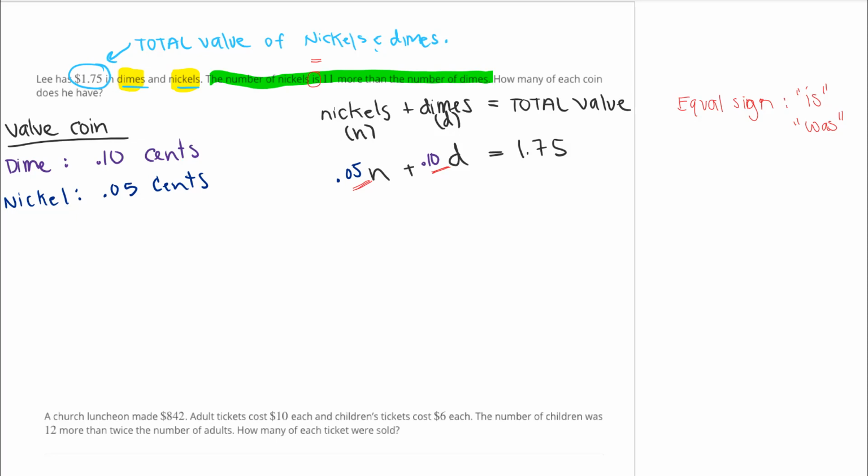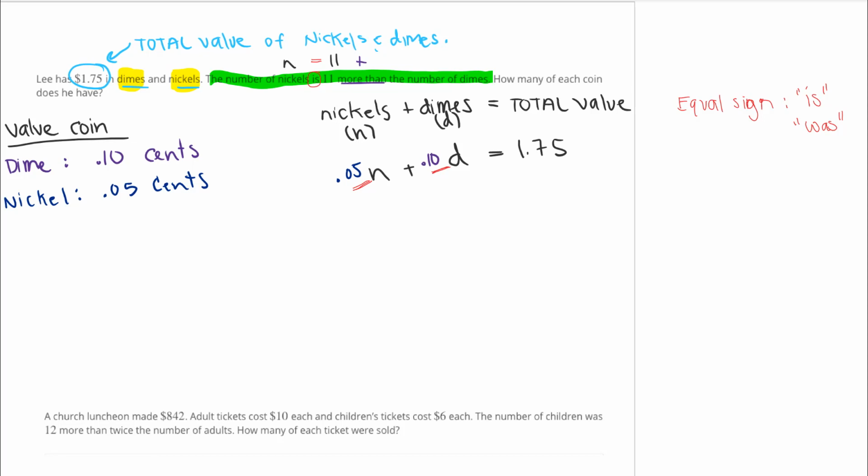So now if I have the number of nickels, so we're talking about n, because that's the variable we used for nickels, is, so that's going to be equals to 11 more than. But we know that more than really translates to just adding. So I have 11 plus, and it says the number of dimes.